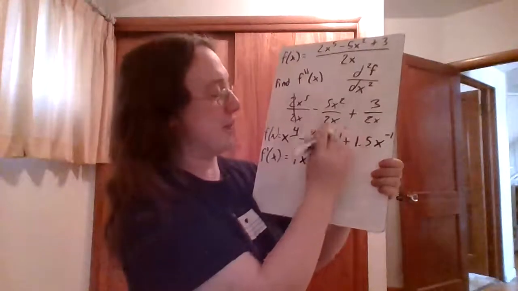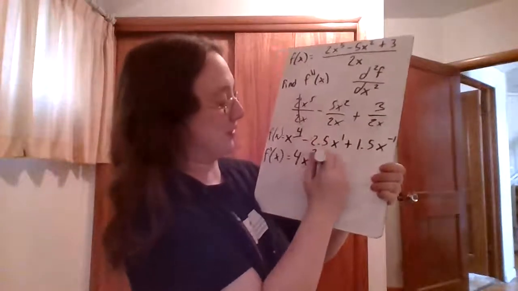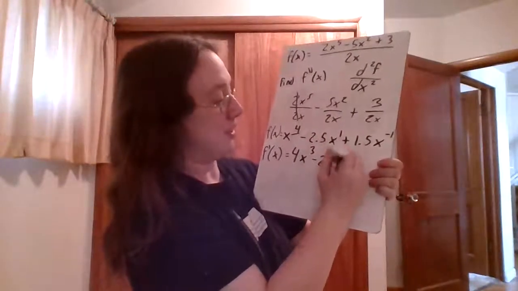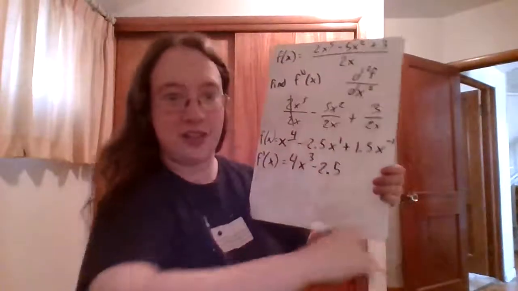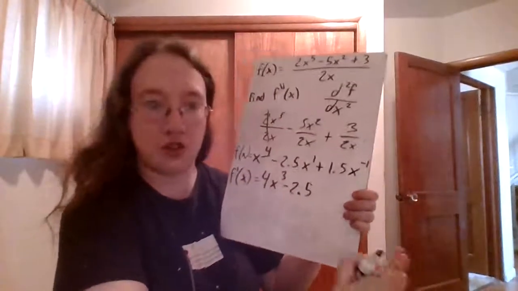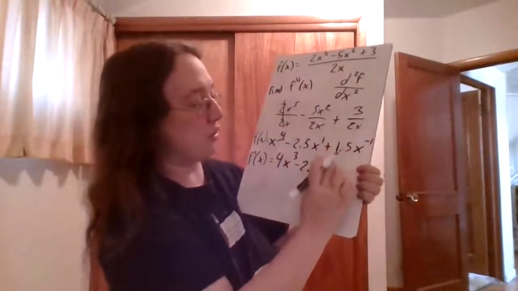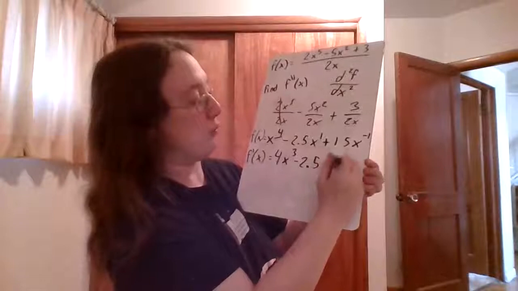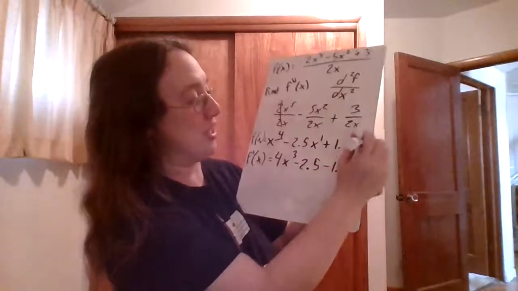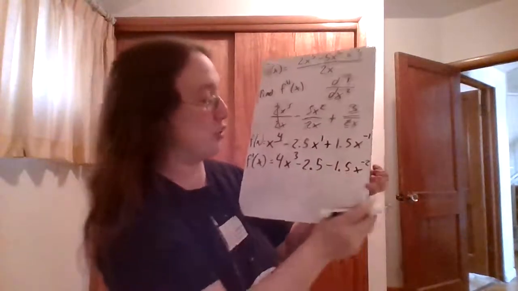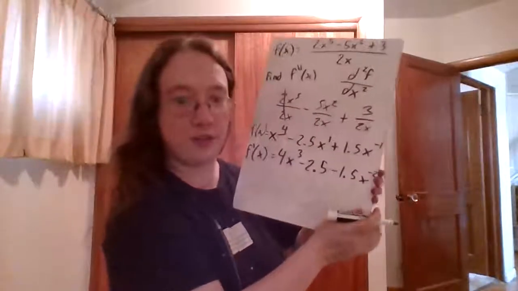So that 1 is hopping out here, that's really not going to do anything to that 2.5. But when that gets turned into an x to the 0, anything to the 0 power is just 1, so that's gone. And then we've got a negative 1 there, so that's going to be a minus 1.5, and this is now an x to the negative 2, because we subtracted 1 from that exponent. So that's our first derivative.